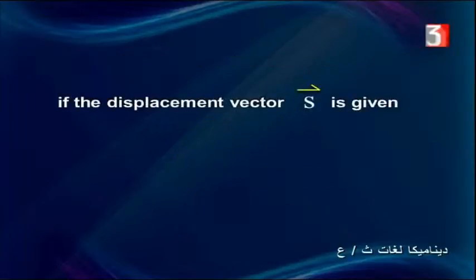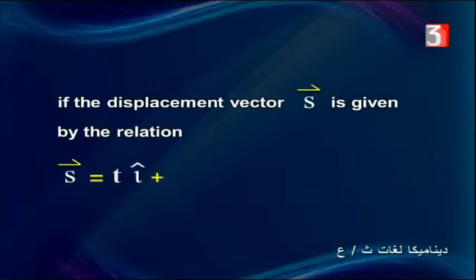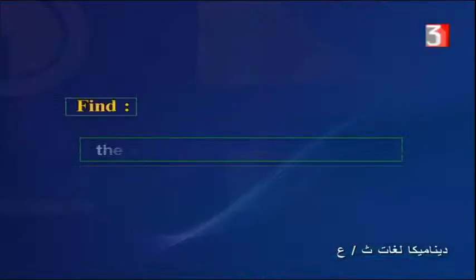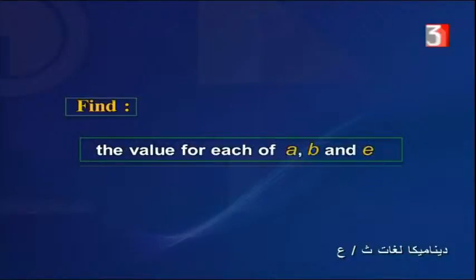If the displacement vector S is given by the relation S vector equals T i vector plus half T power 2 plus T j vector plus 5k vector. Find the value of each of A, B, and E.